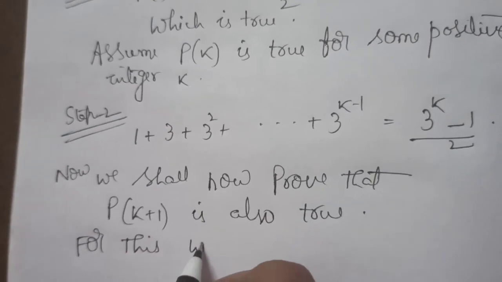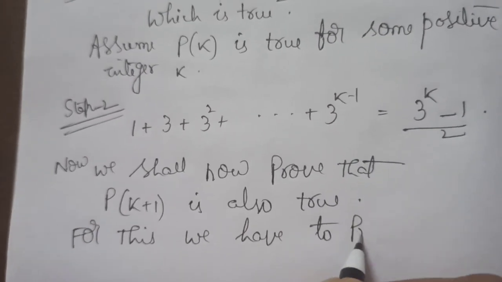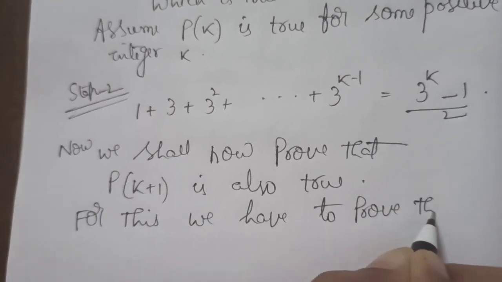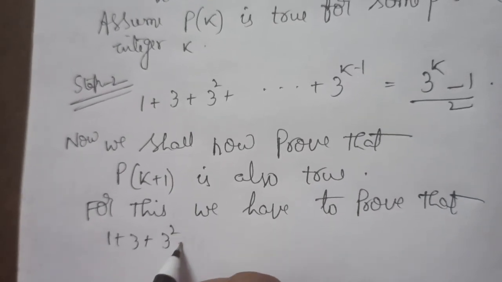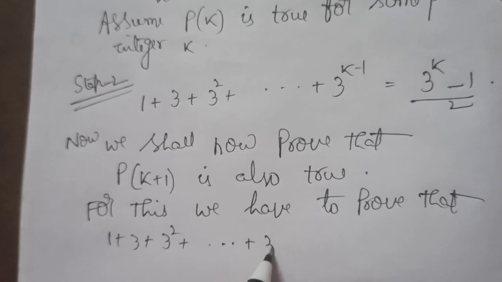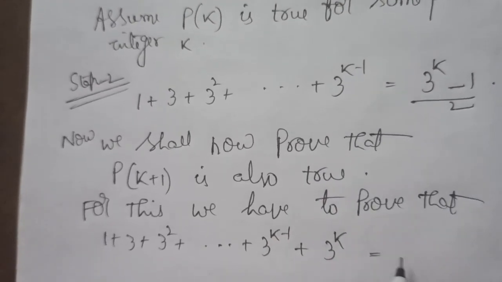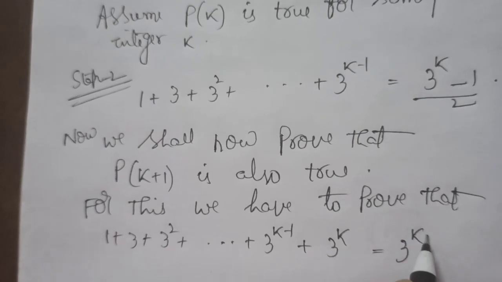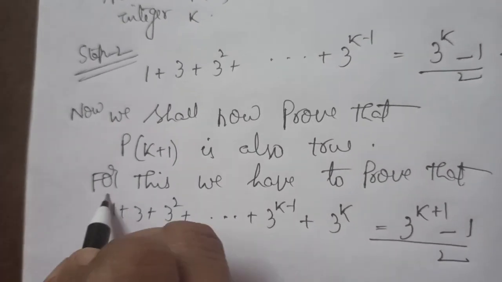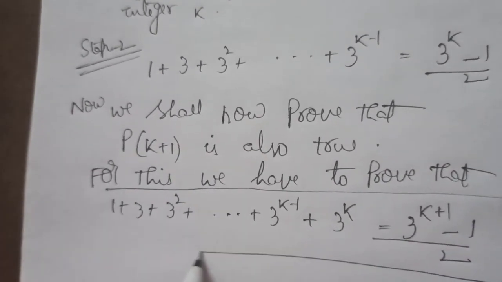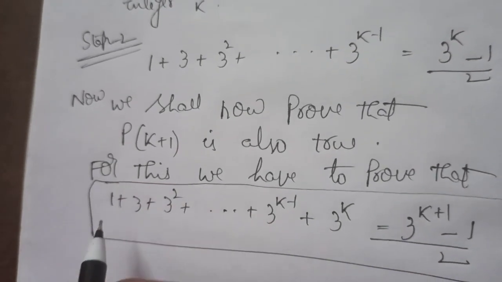For this, we have to prove that 1 + 3 + 3² + ... + 3^(k−1) + 3^k is equal to (3^(k+1) − 1)/2. This you want to prove in the step 3, means P(k+1) you want to prove.